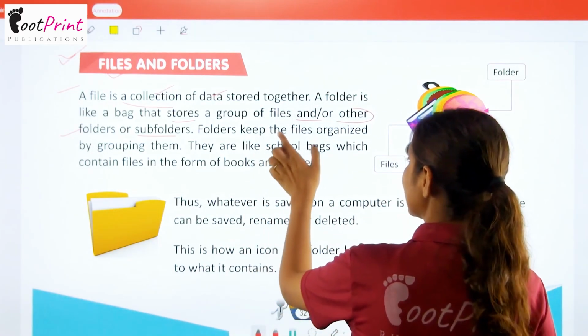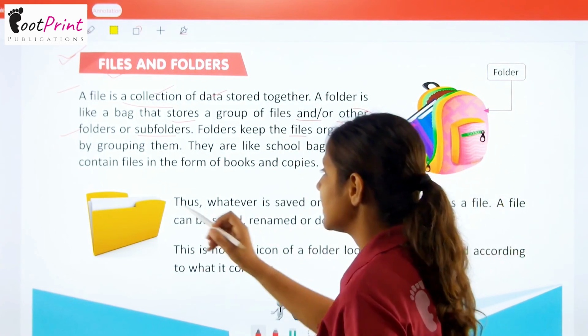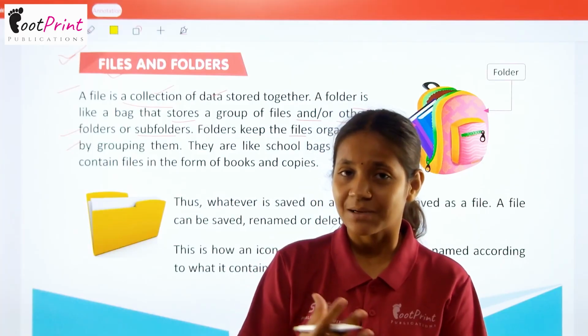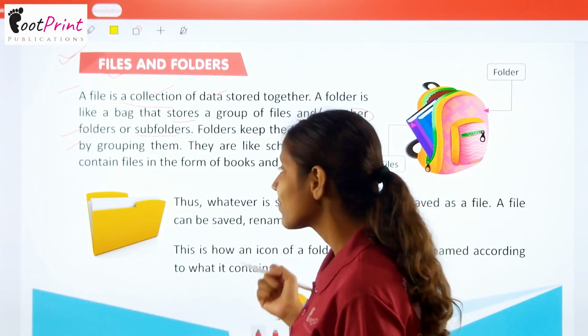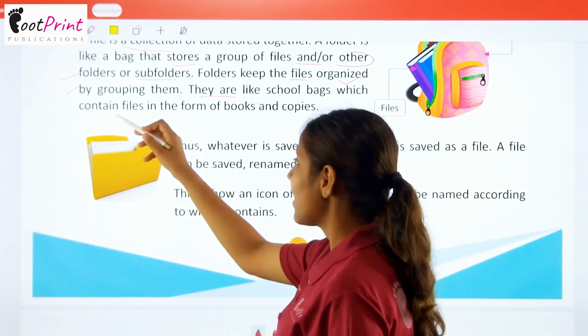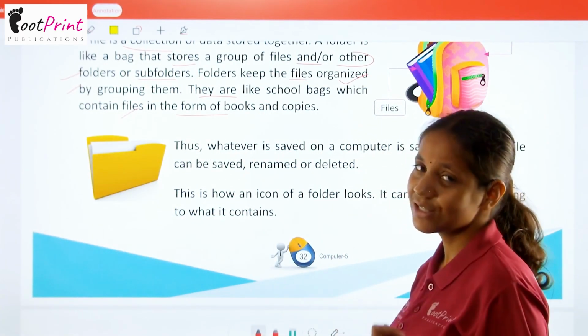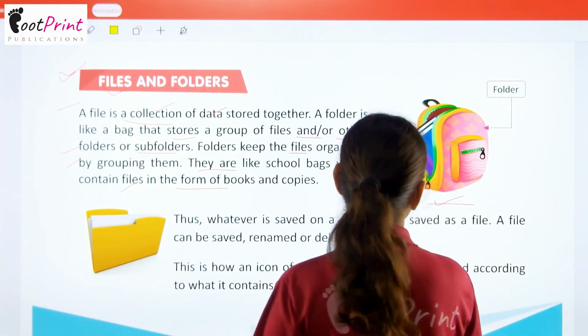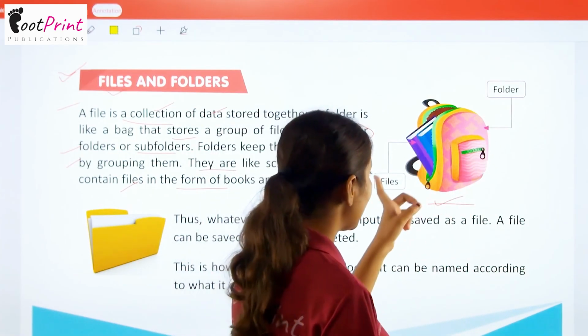Now folders keep the files organized by grouping them. So folder की help से क्या होता है, हम एक organized manner में रख सकते हैं अपना सामान. It is like a school bag which contains files in the form of books and copies. Here we can see this is a school bag, this is a folder and this is a file.